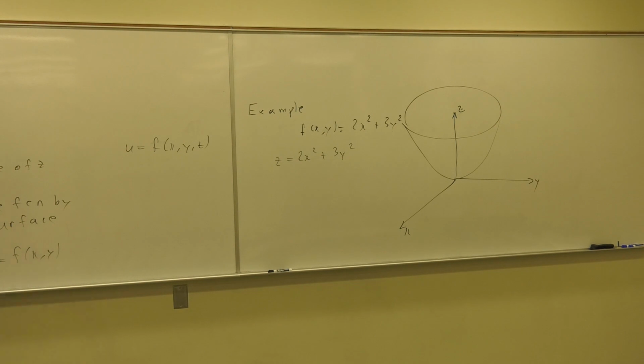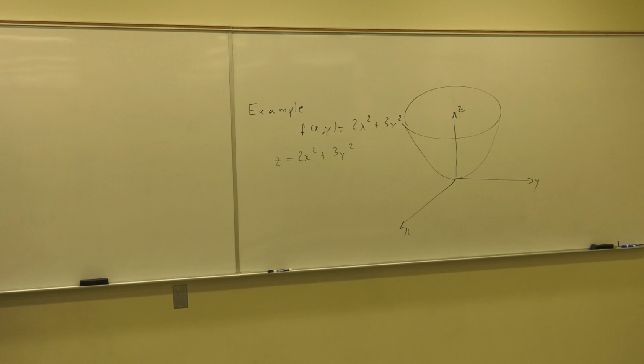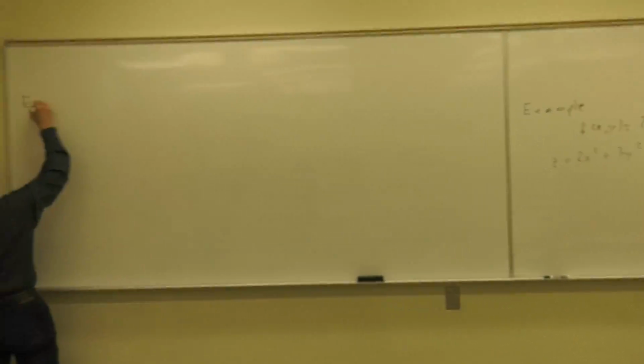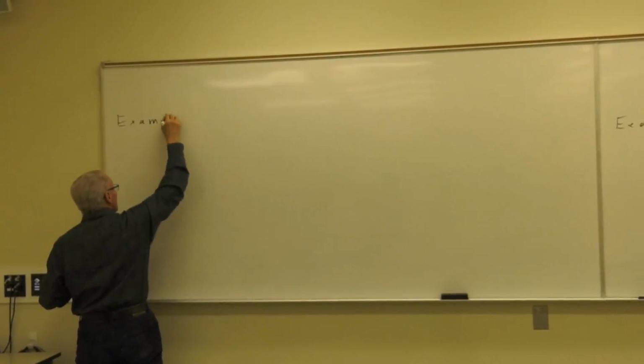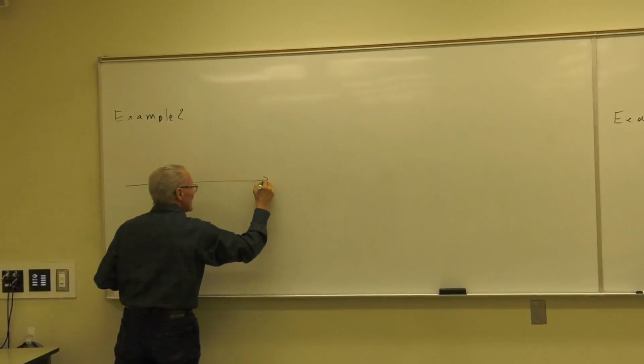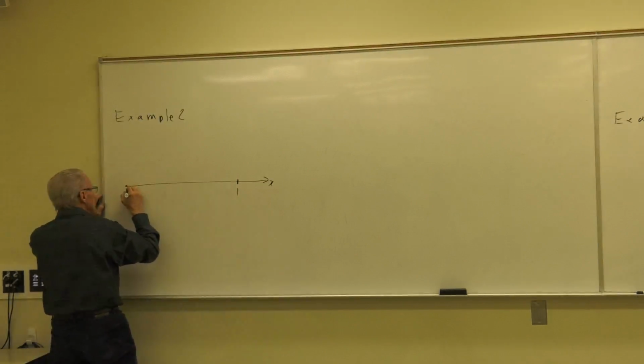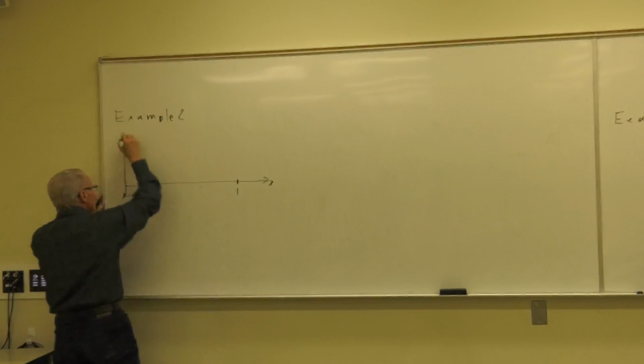Here's one that's quite physical, and of the kind that you will see in Math 3, but much more involved, much more difficult. Suppose that I have a string of length 1 meter stretched between 0 and x equal 1 along the x-axis.